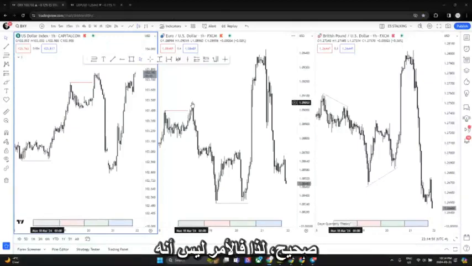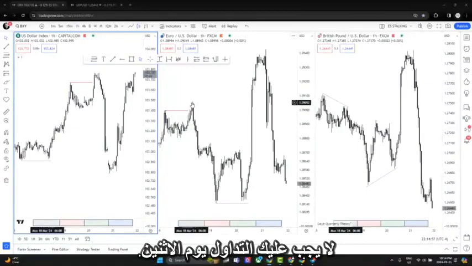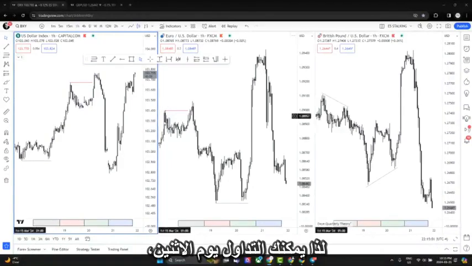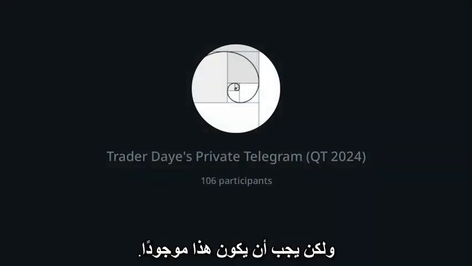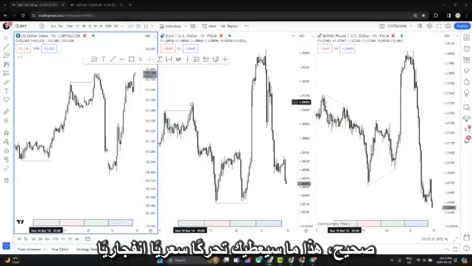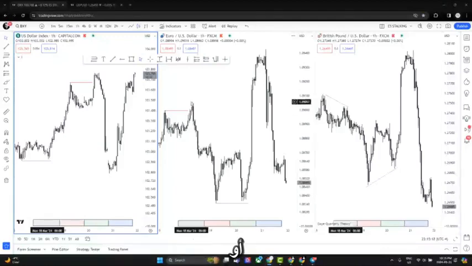So it's not that you should not trade on Monday. It's that you shouldn't trade on Monday unless there's sequential SMT. So you can trade on a Monday, but this must be present. This is what will give you an explosive price run or reversal.